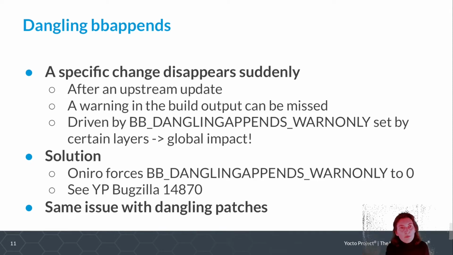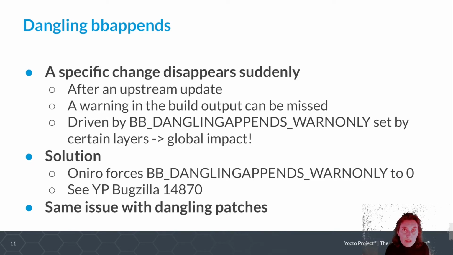Now, there's one more example of a situation that happens during an update. Imagine the update, and then some completely unrelated test just breaks. You start looking into it, and you figure out that this is because some package has been updated. And we do have a bbappend applying some kind of a different patch.